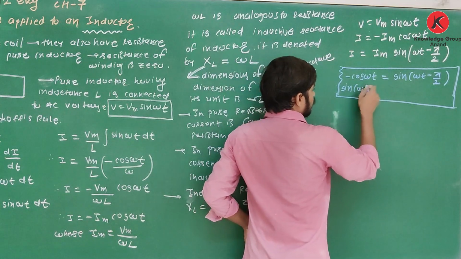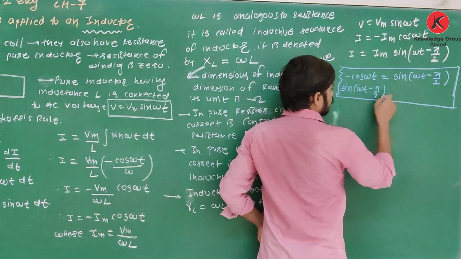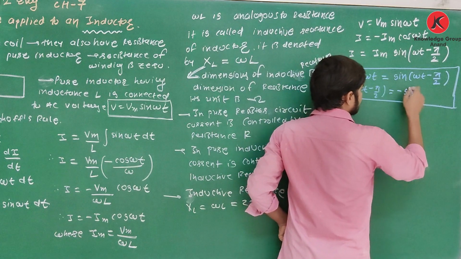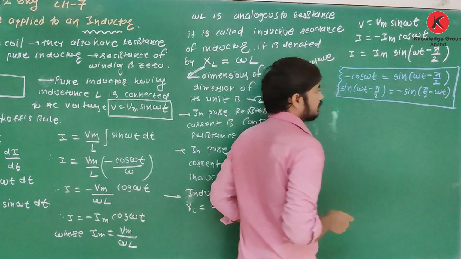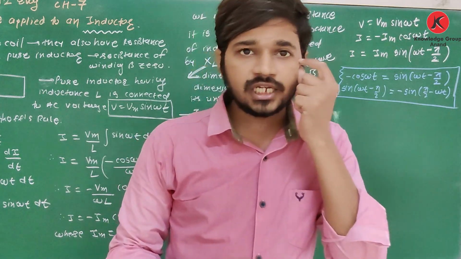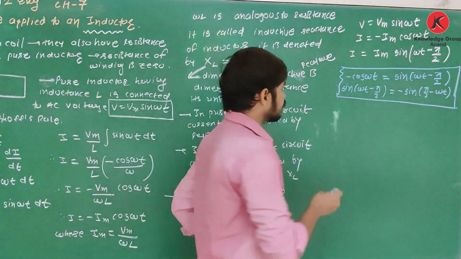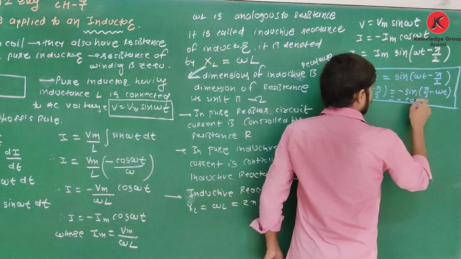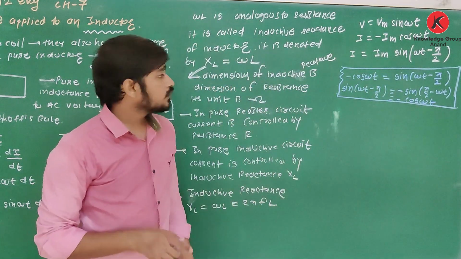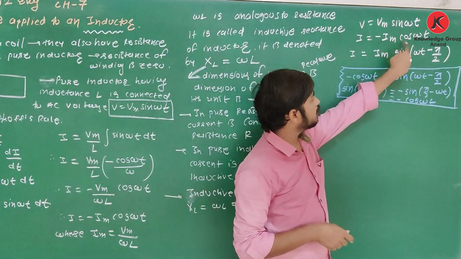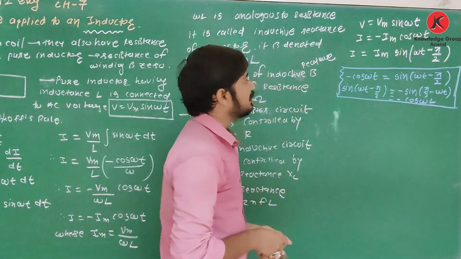Sine omega t minus pi by 2 is equal to minus sine pi by 2 minus omega t. Yes or no? And sine 90 minus theta, it is cos theta. So it is equal to minus cos omega t. So this is its proof. So yes, I can replace this minus cos omega t as sine omega t minus pi by 2.